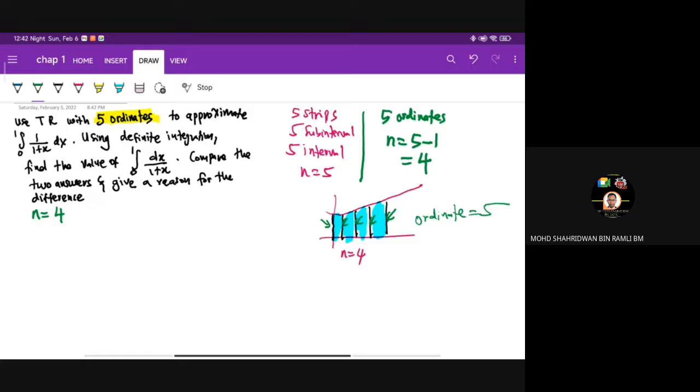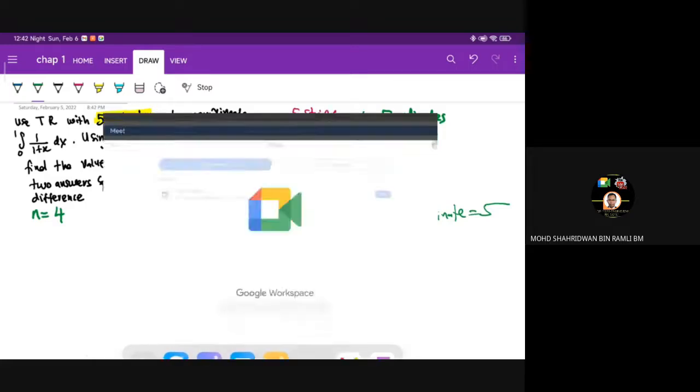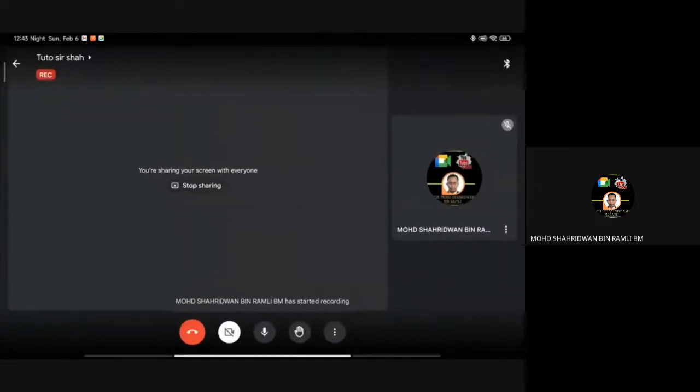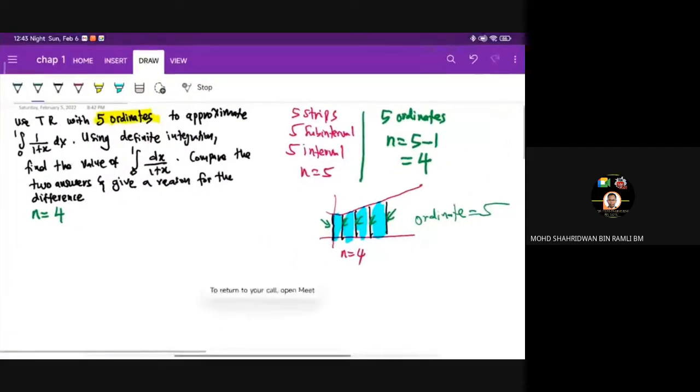Next, what we're going to do here? We need to know its f(x). So its f(x) here is this function, 1 over 1 plus x.